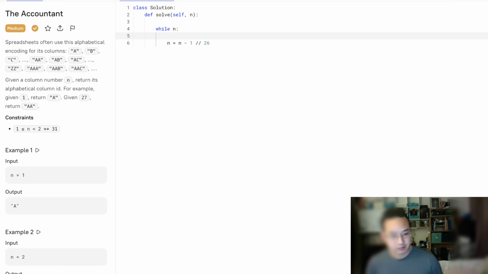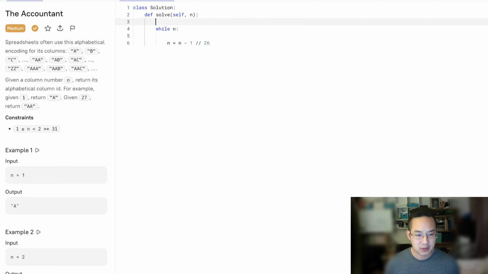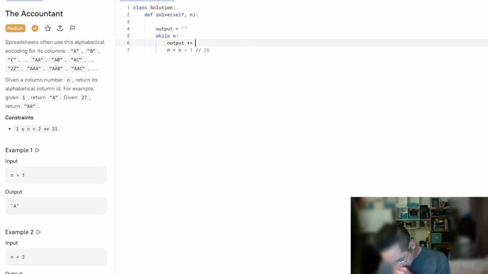Anyways, so we have n here, and our output is an empty string right now, and we want to fill in this empty string. So output plus equals, we need to add a character, and that character is going to be the frontmost item.